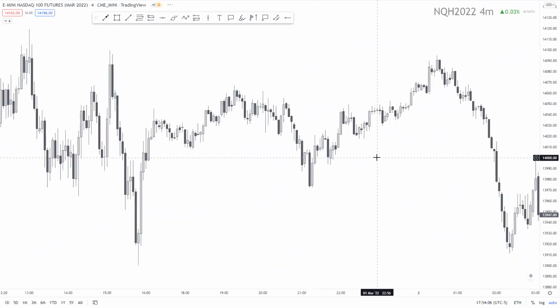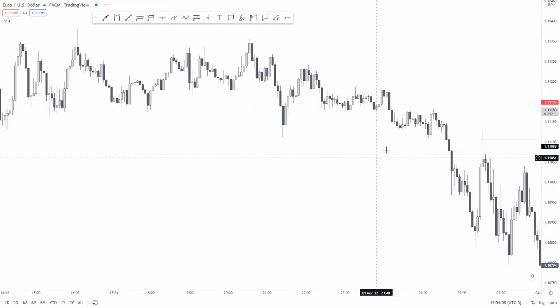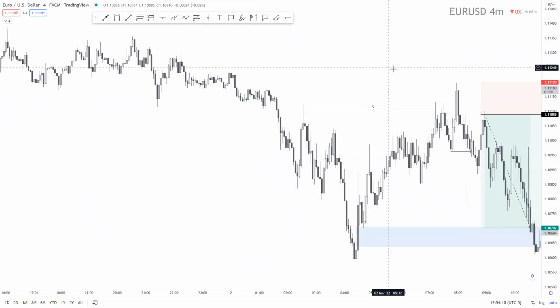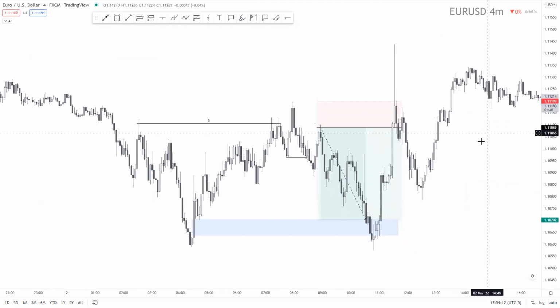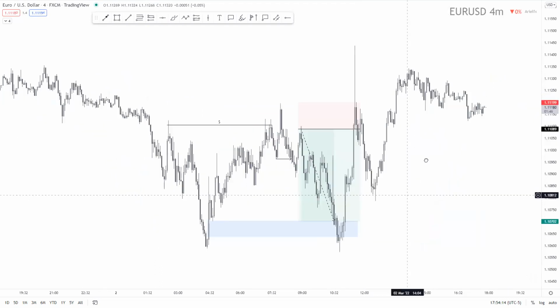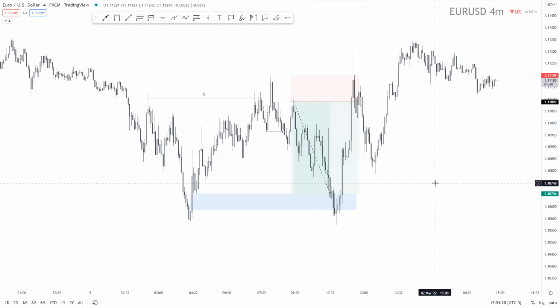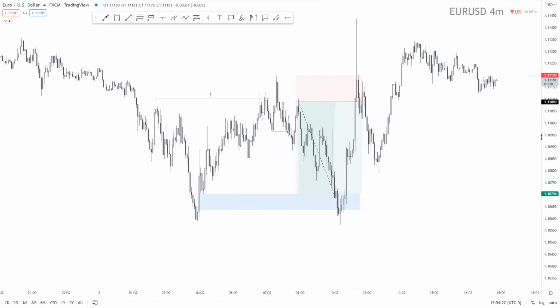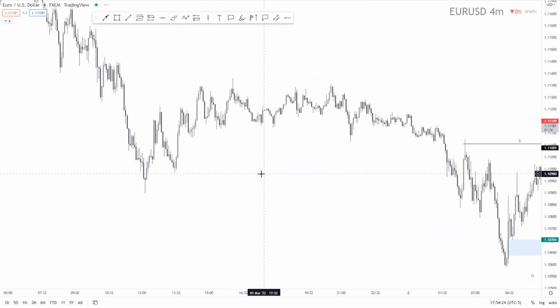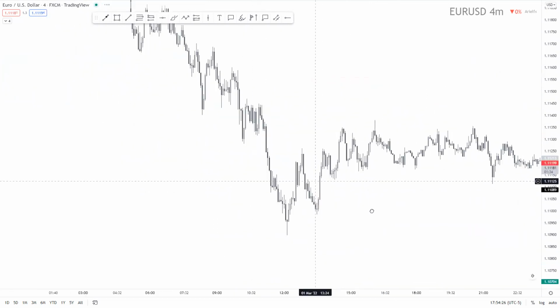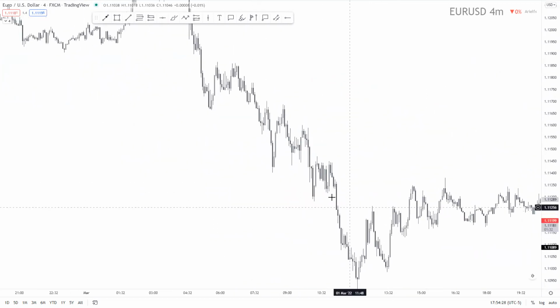I will just return back to Euro USD. So this is a little trade that we took today. You can see how it ended up playing out. It actually did fill the imbalance completely, took out this low, but I didn't trade it like that at all. So I don't want you guys to think that's what happened, but nice little trade on it today, just showing you guys that it does work.